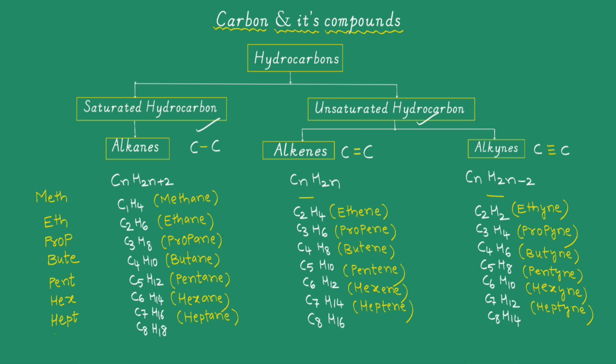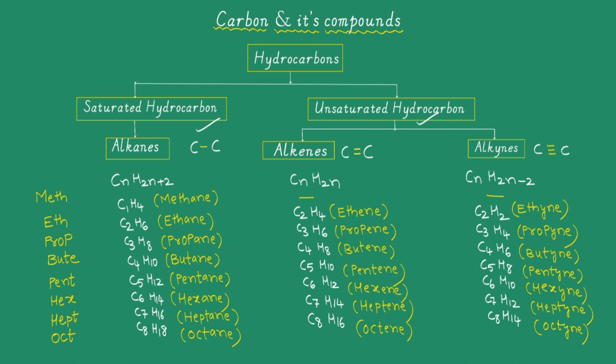Then if there are 8 carbons, the oct sound will come, so it is octane, octene, and octyne. So this is about hydrocarbons, saturated hydrocarbons and unsaturated hydrocarbons, alkanes, alkenes, alkynes, and their molecular formulae and names.